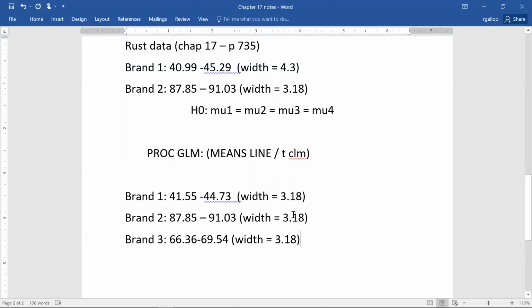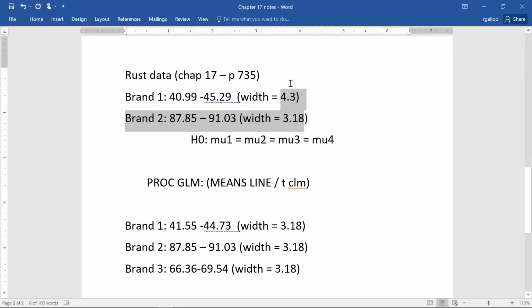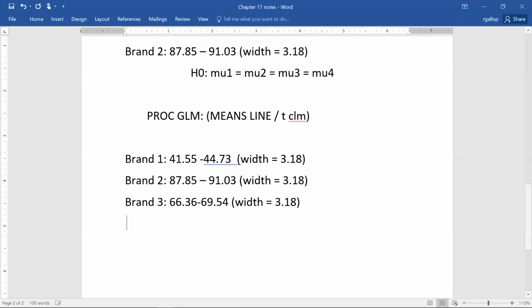So what you start seeing is the widths of these confidence intervals are the same in the proc GLM output, but not the same with the proc means output. What's the difference?